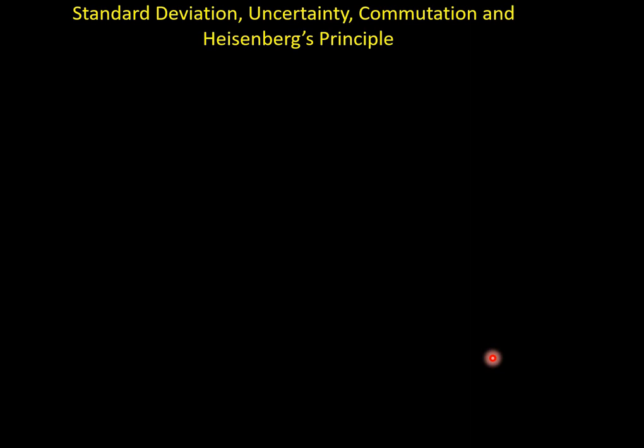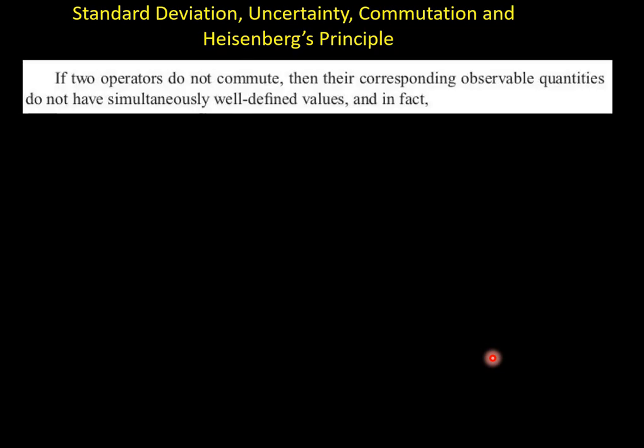Now a little bit of a move from quantum mechanics and its relation to standard deviation. We know the property of commutation of two operators. If two operators do not commute, then their corresponding observable quantities do not have simultaneously well-defined values. Simultaneously well-defined means that there would be a spread of values.